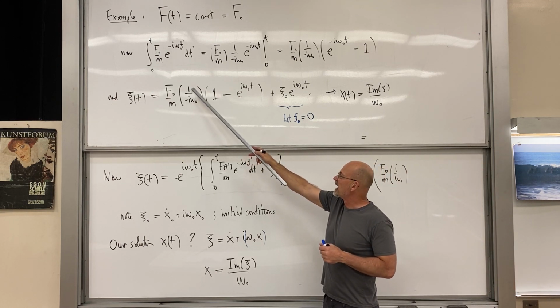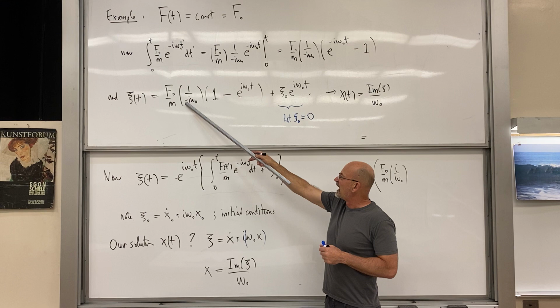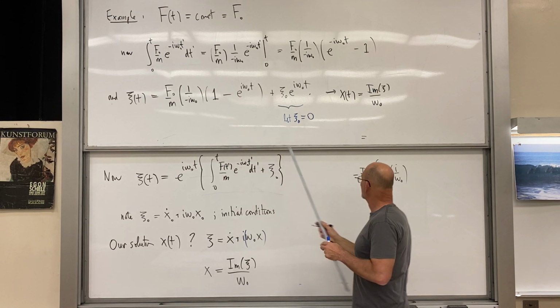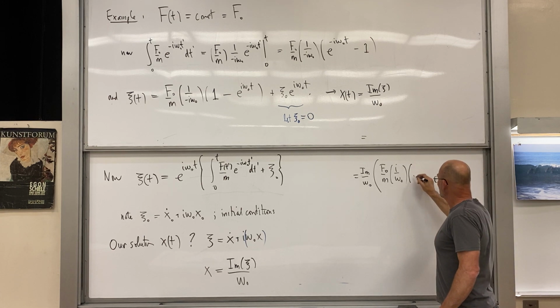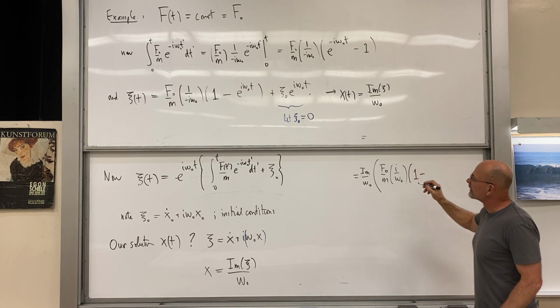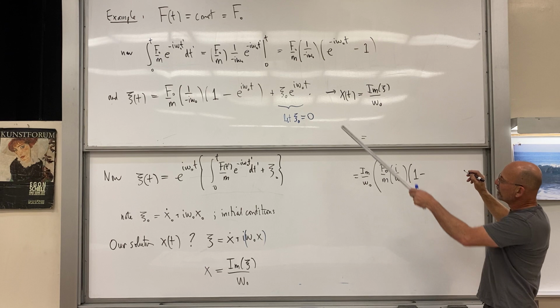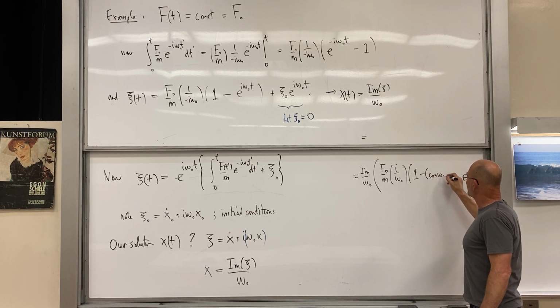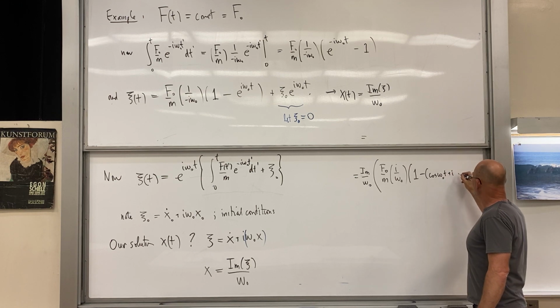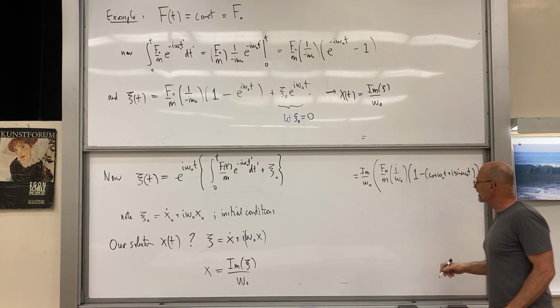Multiply top and bottom by I: I times negative I is 1. Okay, so I over omega naught, 1 minus, I'm going to write just a little small, e to the I omega naught t, which is cos omega naught t plus I sine omega naught t by Euler's formula.